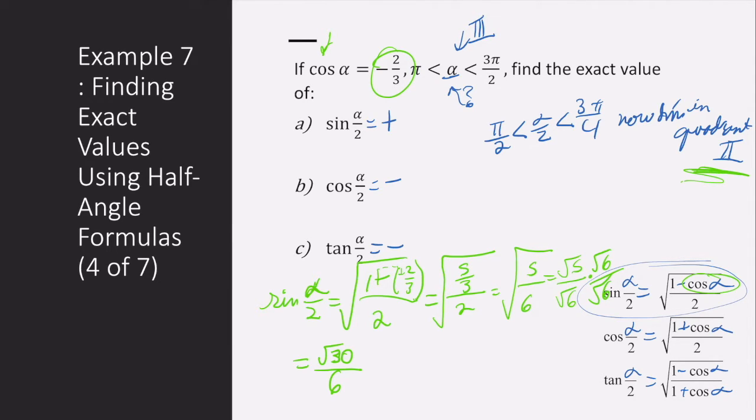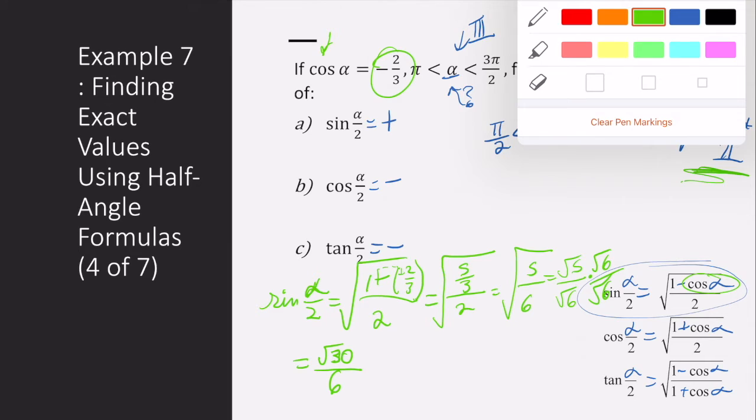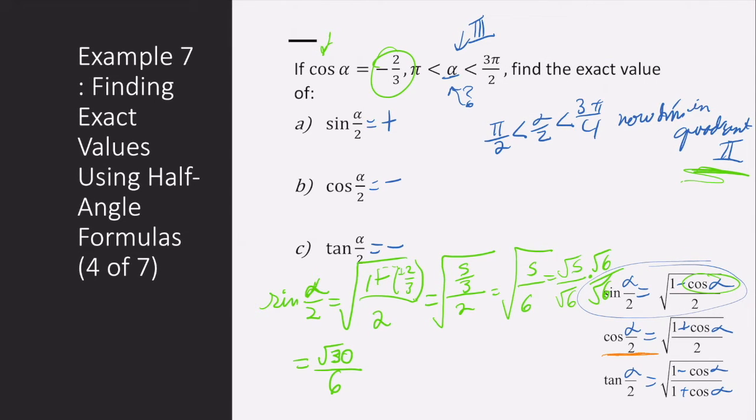And remember, I'm in quadrant 2. That determines whether the trig function is positive or negative. All right, let's go ahead and use orange. I'm going to solve cosine of alpha over 2. Well, I know it's negative. I'm going to take the negative square root of 1 plus negative 2/3 over 2.